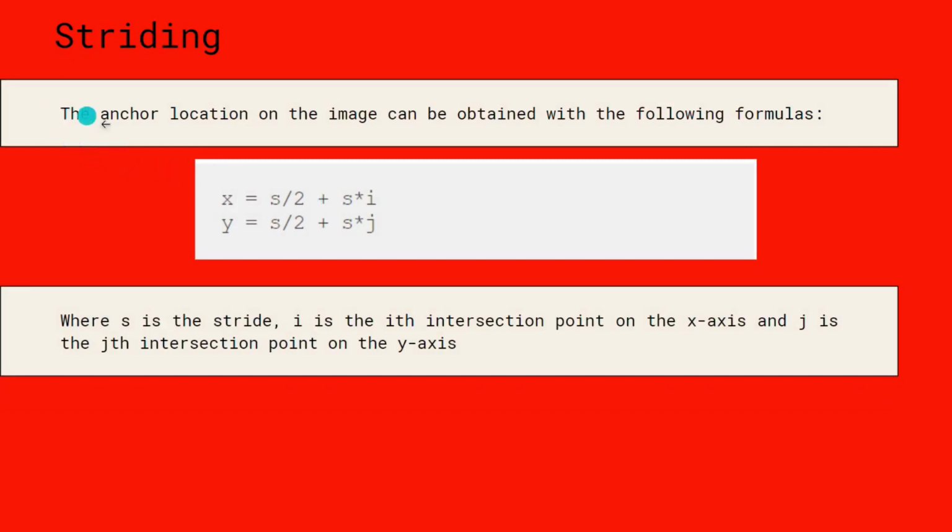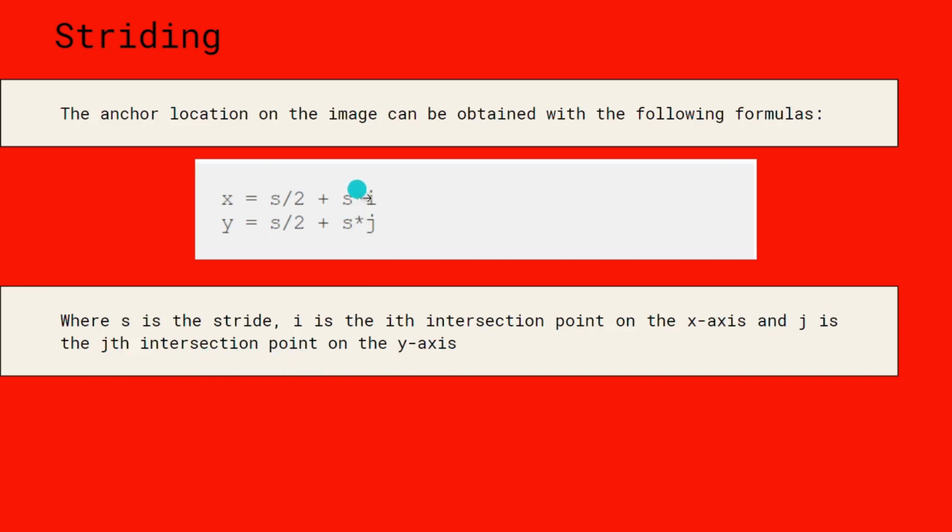So the anchor location on the image can be obtained with the following formula. So we have the x and y. These are the coordinates for the predicted bounding box, which are implemented the same way as before. But in order to calculate them using the new method, we have to use the stride, which is represented by the variable s, and i is the i-th intersection point on the x-axis, and j is the j-th intersection point on the y-axis.